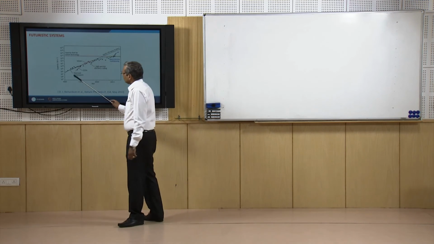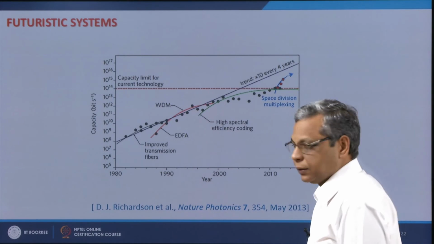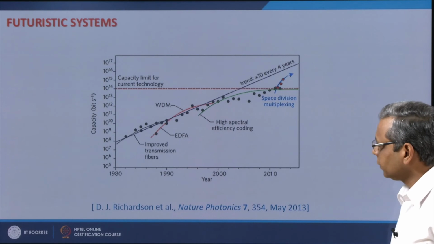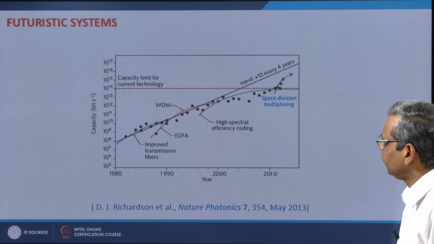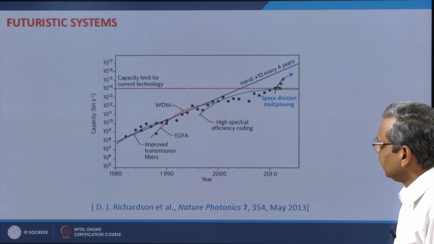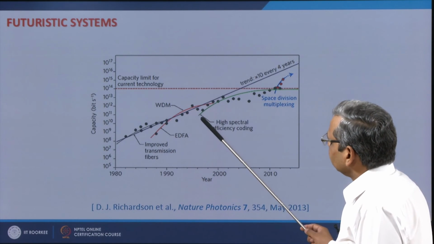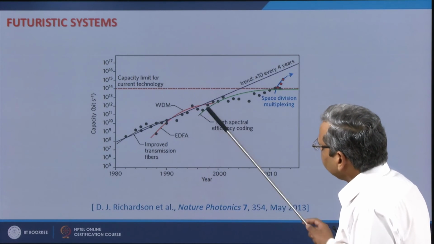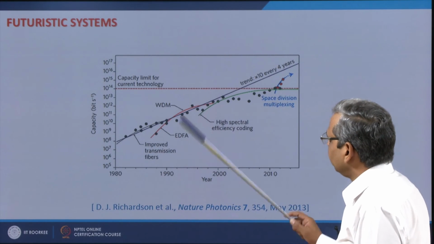and this trend started with the improvement in the transmission of optical fiber in initial years of development of fiber optic communication system. Then later on, this trend could be maintained by the development of EDFA and WDM system.